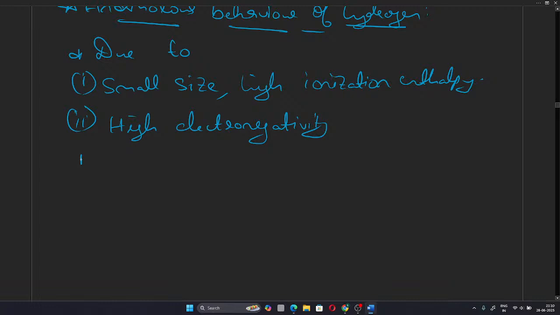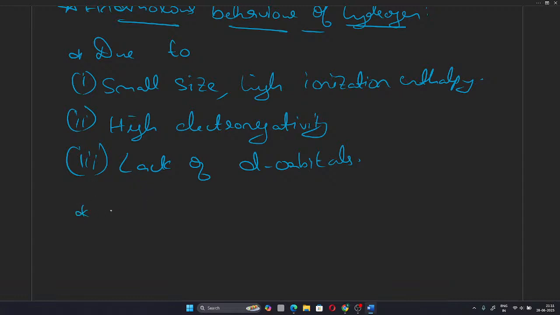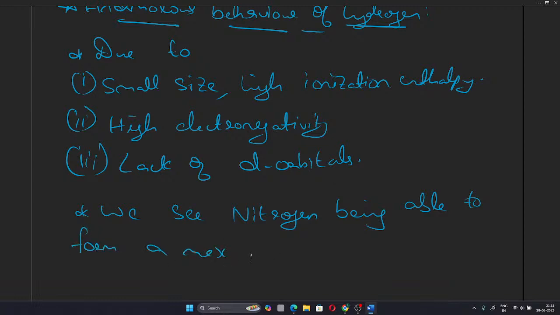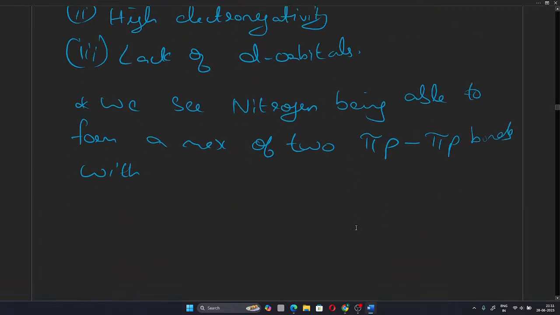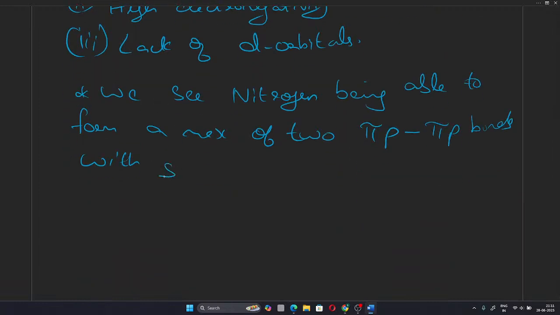And of course, lack of d orbitals. Due to which we see nitrogen being able to form a max of 2 p orbital pi bonds, with the condition being, 1, they should be small in size. Second, highly electronegative.